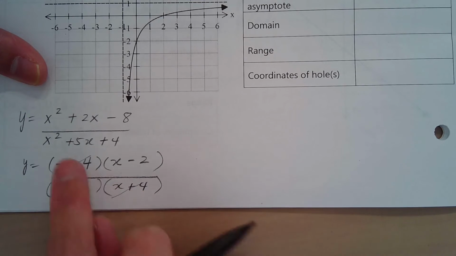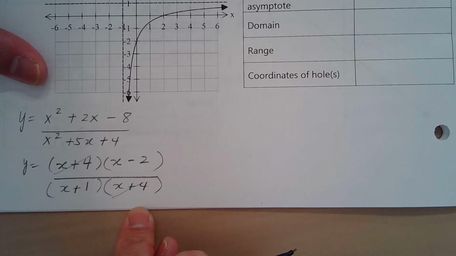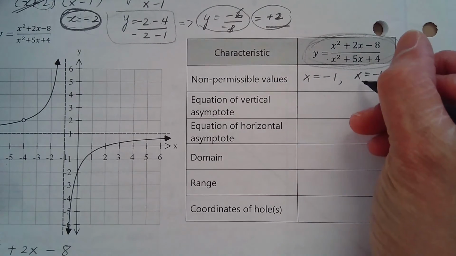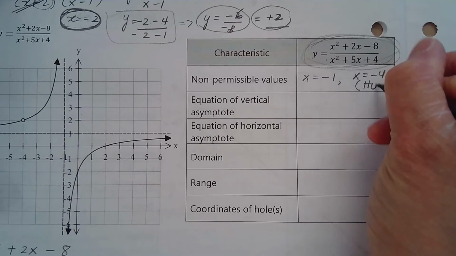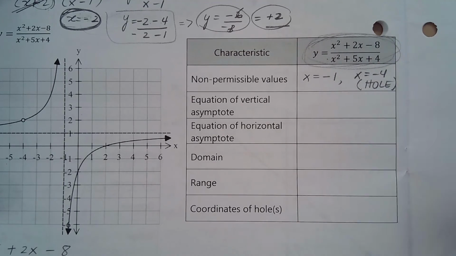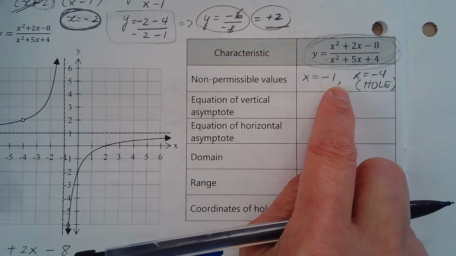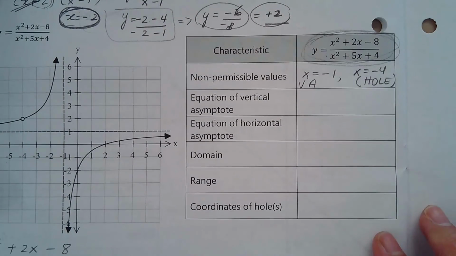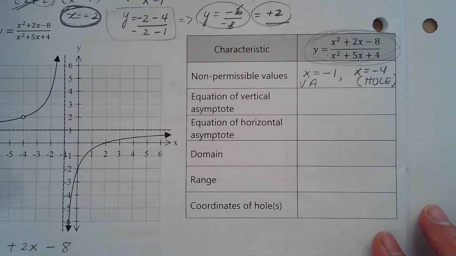Since these two cancel at x plus 4, that means this one is going to be a hole, and then this one is going to be the vertical asymptote.